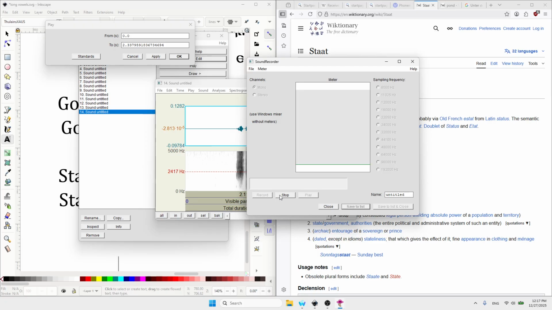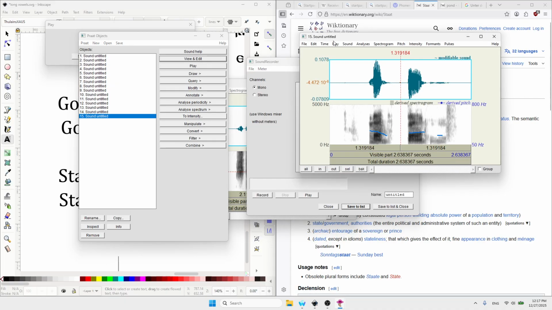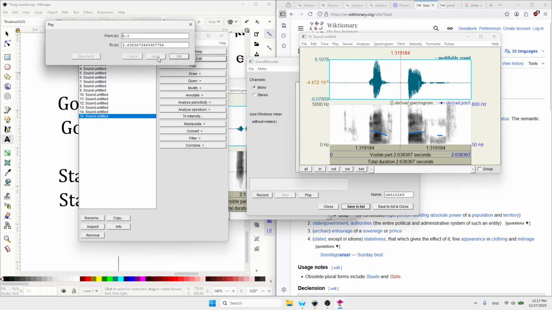Mann, Bahnhof. I'm going to try to play at 0.5. Bahnhof, Bahnhof. So here you can hear the b.